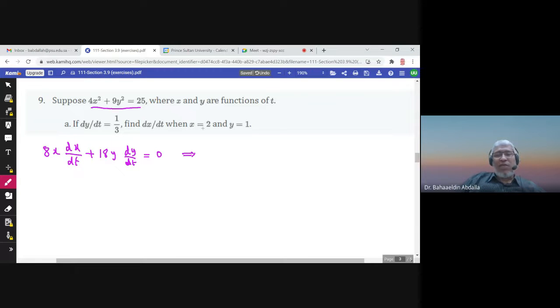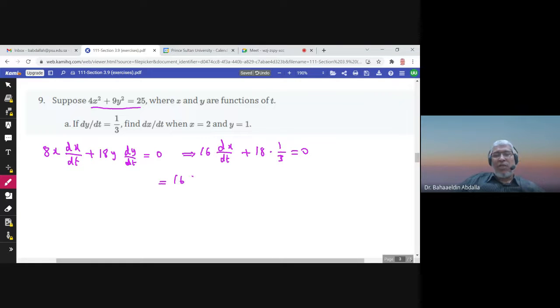Now x is 2, so 8 times 2 is 16. dx by dt is unknown. We need to find it. Plus 18 times y, which is 1, times dy by dt, which is 1 over 3, equals 0. Well, 18 over 3 is 6.